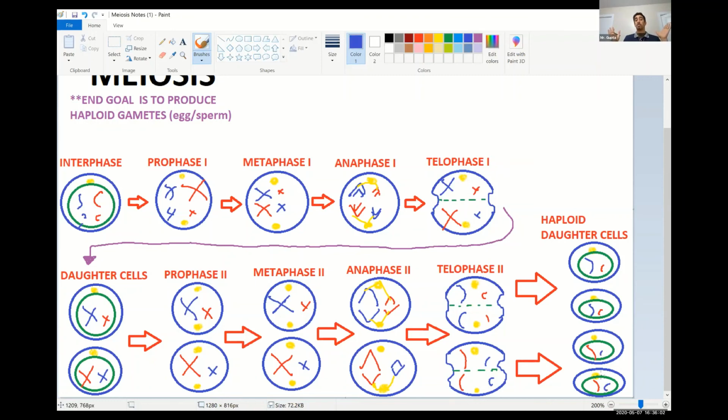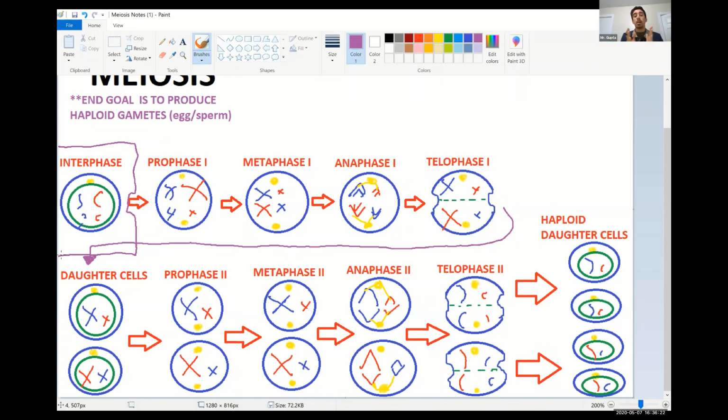Now, if you notice, these 4 daughter cells only have 2 chromosomes each. And if we compare it to the original parent, which I've just made a purple square around, that parent had 4 chromosomes.